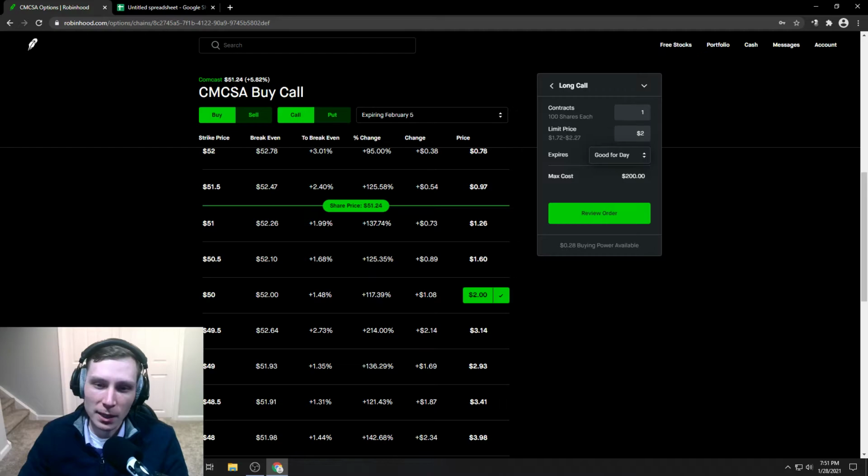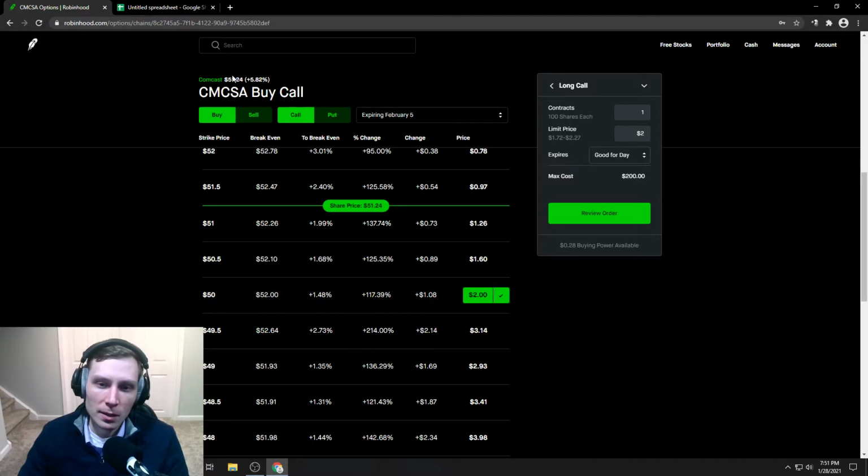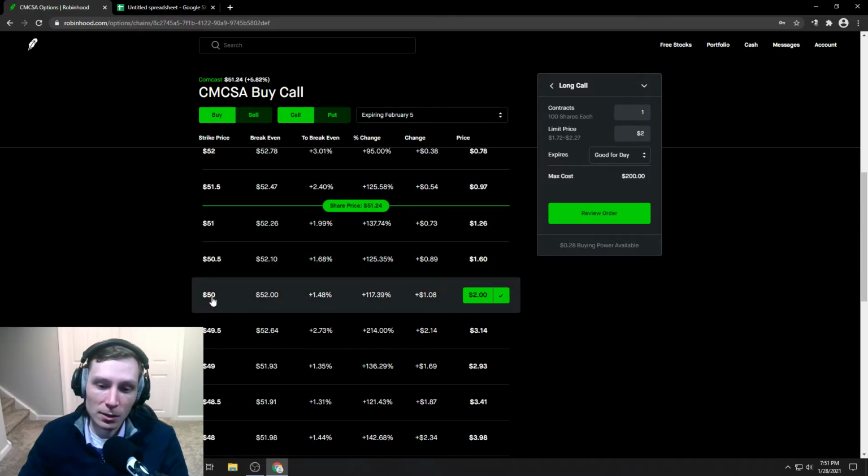And it's irrelevant of what the actual value of the Comcast shares are at that point. Your contract says you have the right to buy it at this price. You have the obligation to buy it at that price, I should say. So if this is way up to $60, you're getting those $60 stocks at the discounted price of $50.